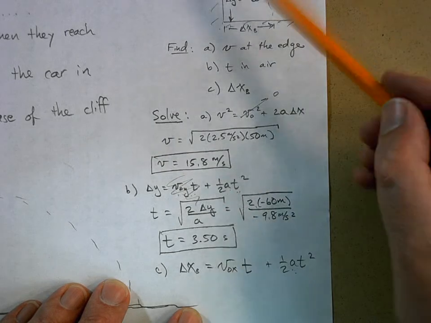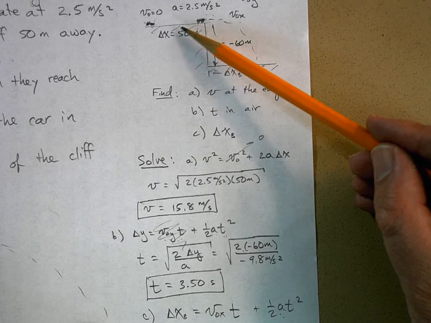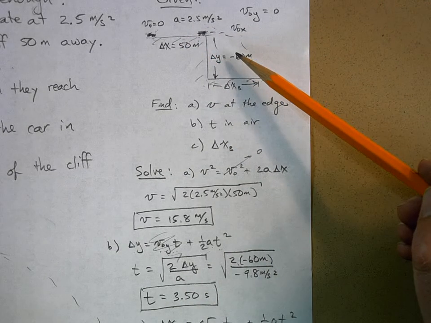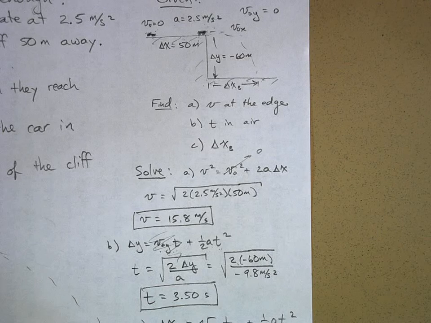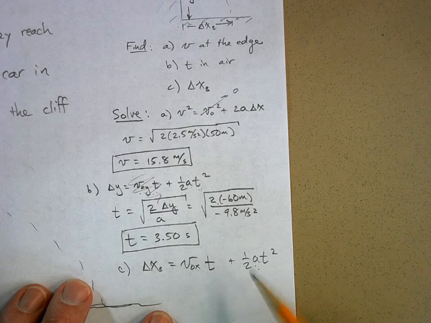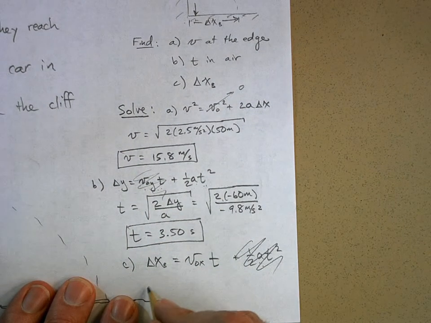Or they could put 2.5 meters per second squared like we had up here. But once the car leaves the edge of the cliff, it's not in contact with the ground anymore. It can't accelerate horizontally anymore. So the acceleration in the x direction is 0 once it leaves the cliff. It's a projectile. So this goes away. And so now I just need to plug in my values.